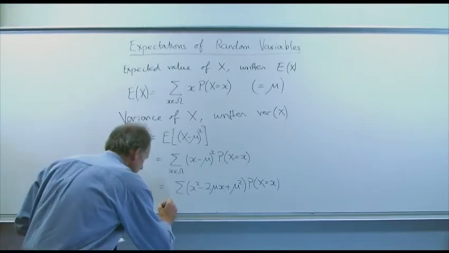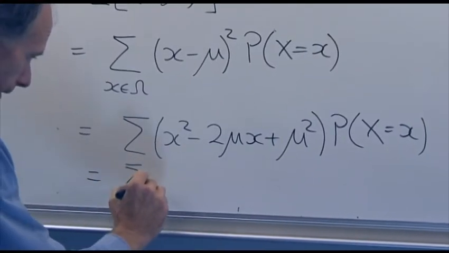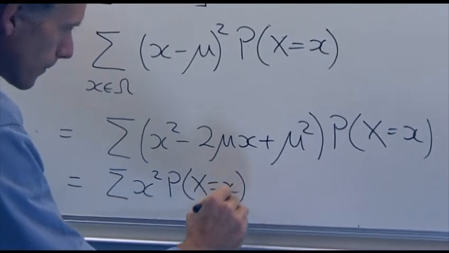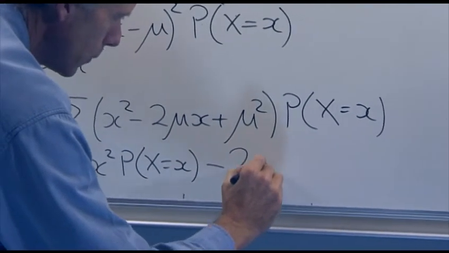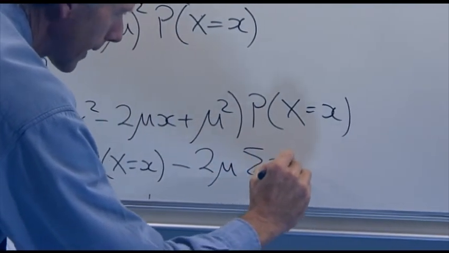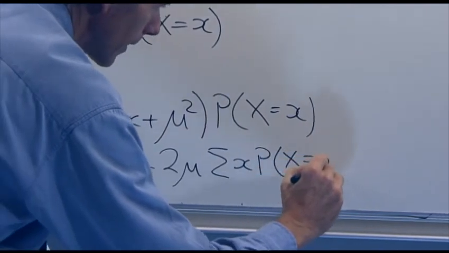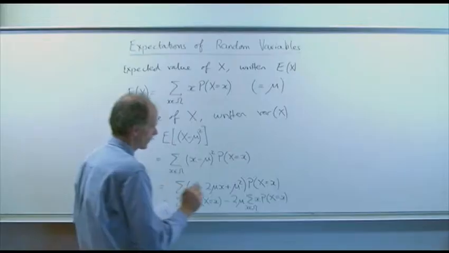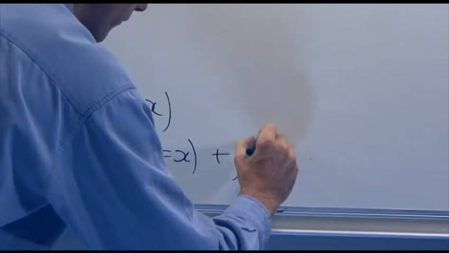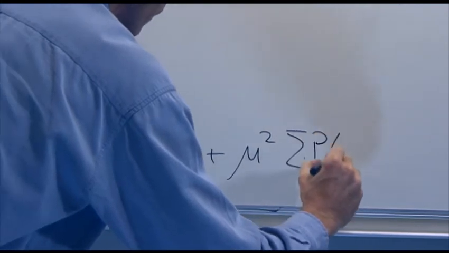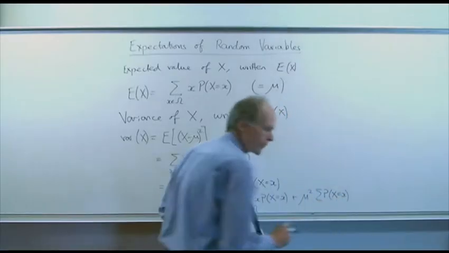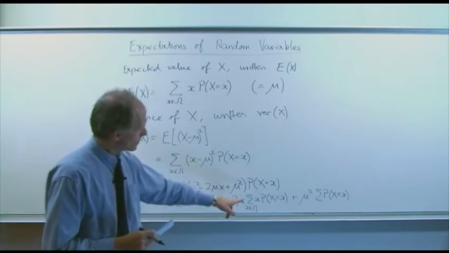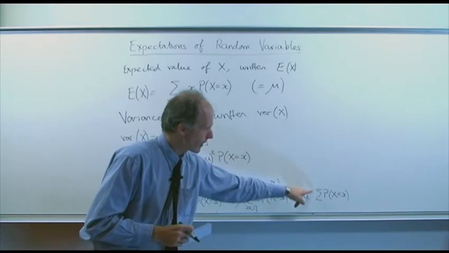And again, separating out the different bits, we have the sum of x squared times the probability X equals x, minus 2 mu times the sum of x times the probability X equals x, all of these over the same index. And the last one is just plus mu squared times the sum of the probability X equals x. You'll notice in that last line I've brought constants out in front of the summation sign.